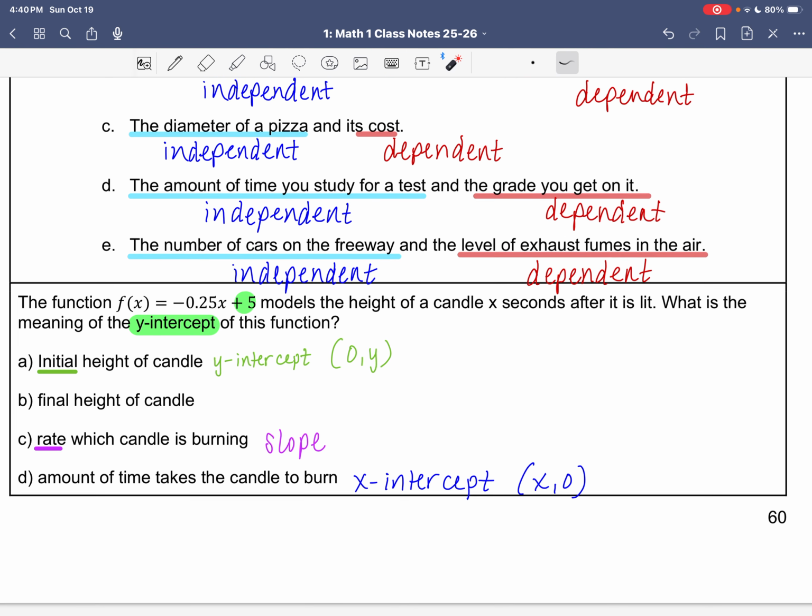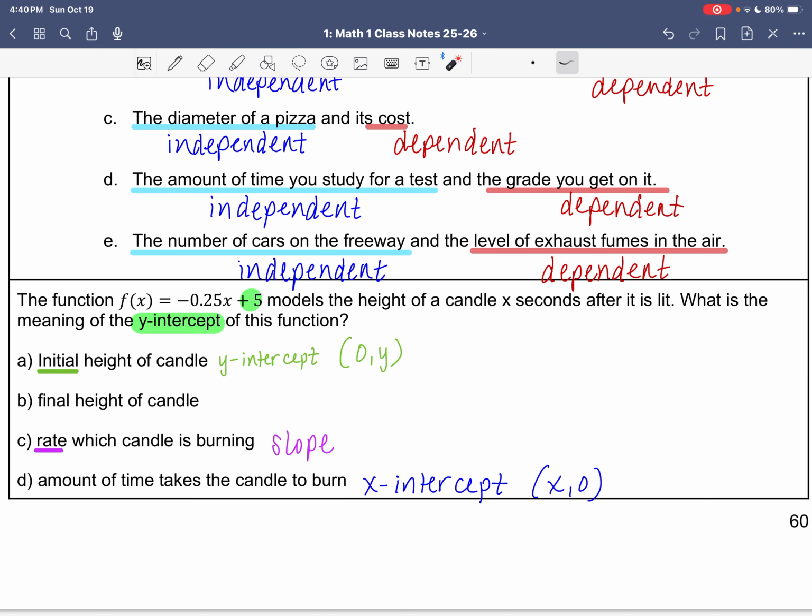All right, so now we're going to go through this, and it says the function f of x is equal to negative 0.25 x plus 5 models the height of a candle x seconds after it is lit. So x is seconds. What is the meaning of the y-intercept? So the y-intercept is always going to be the constant in a linear equation, and that's your beginning, your initial, your service fee, your service charge.